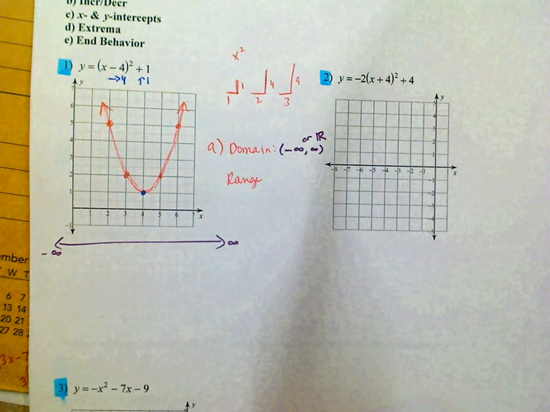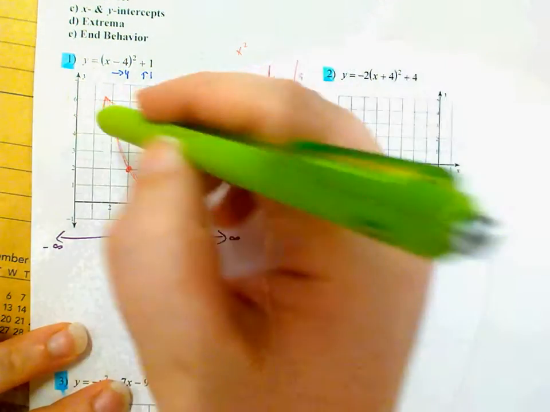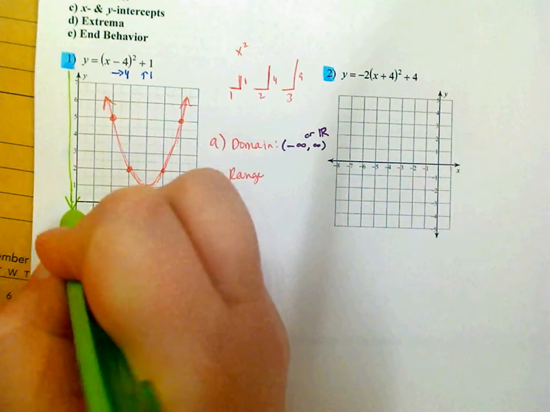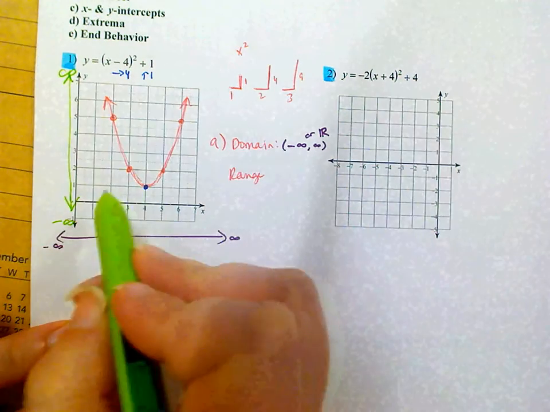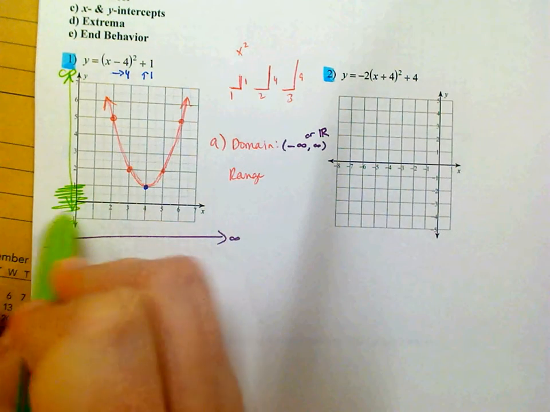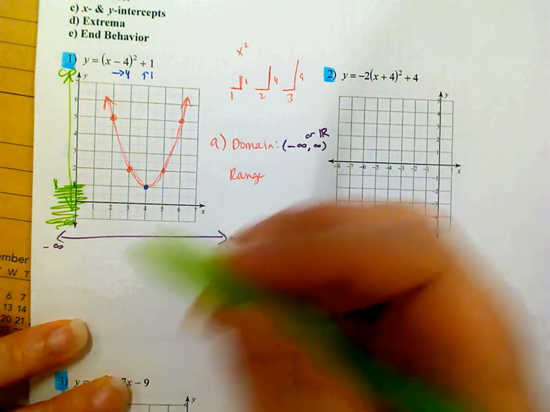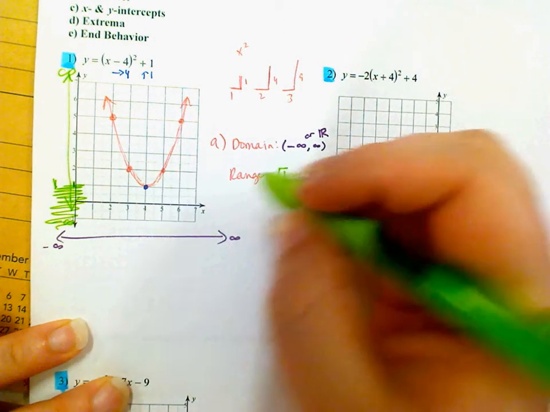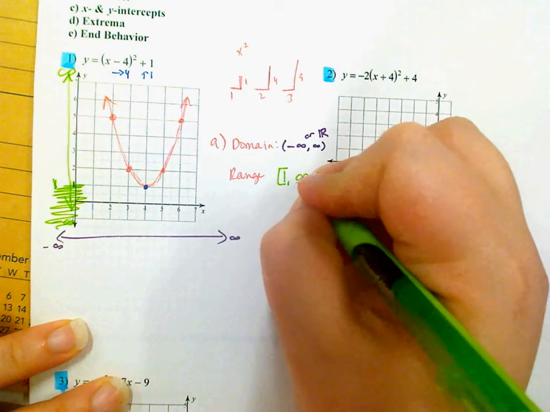Now range is up and down, it's the y values. So if I think of it as y values going down to -infinity and up to +infinity, what I see is that it doesn't exist below 1 on the y-axis. So I know that my range is starting at 1, which we actually reached because we have that point there, so I'll put a bracket, and then up to infinity.